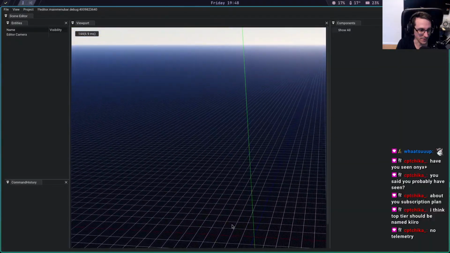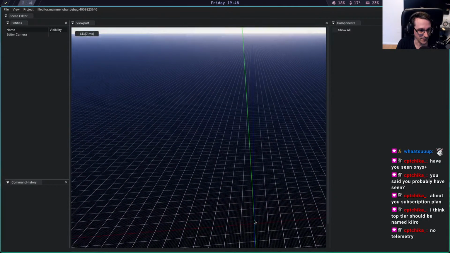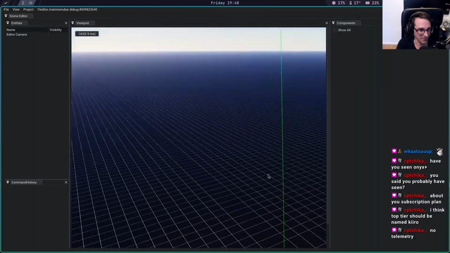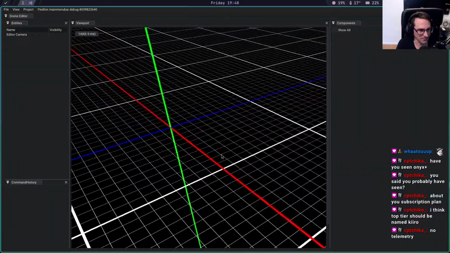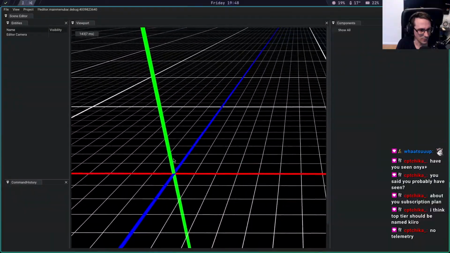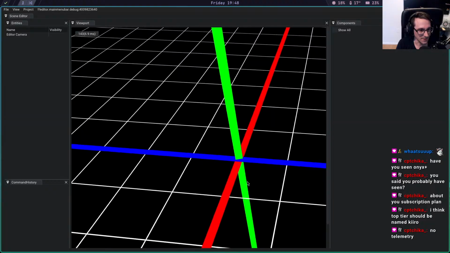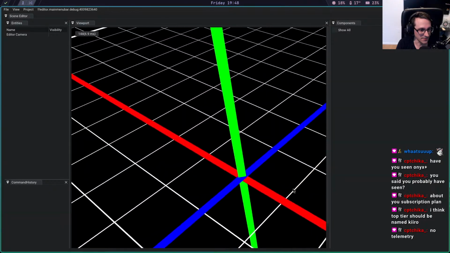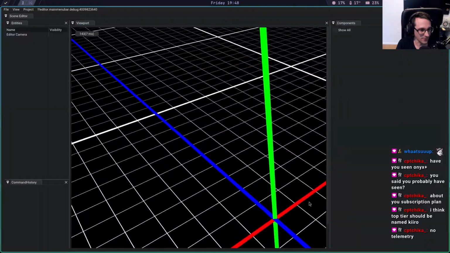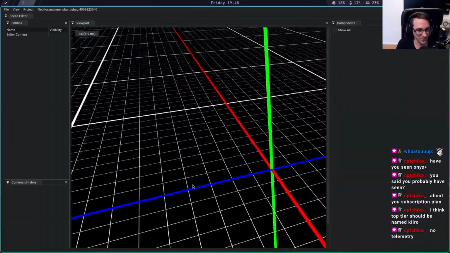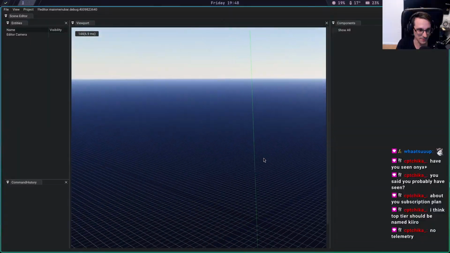Yeah, now it stays the same, right? Even looking at it directly from the Z-axis, it's the same line. And we can even see that it kind of rotates with us around the plane. So here it looks diagonal now and it rotates. It's basically a billboard that follows us so that we can always see the perpendicular, or the normal axis to the grid.